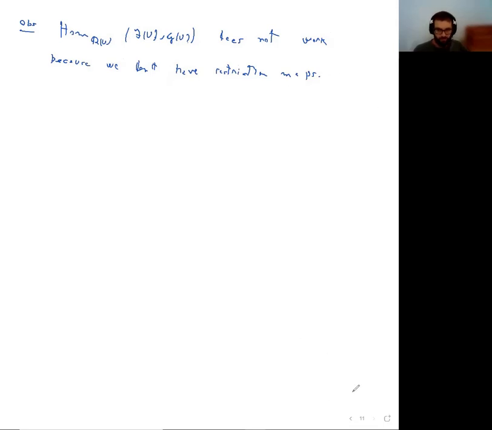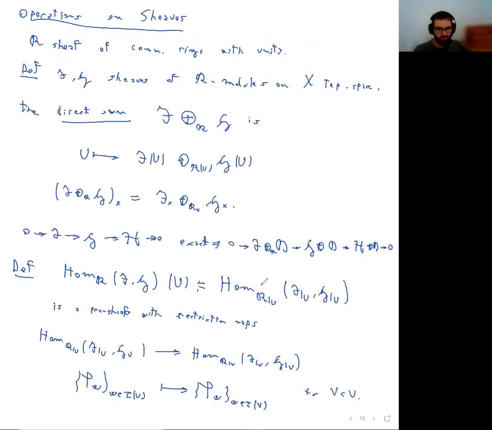Okay. So as we said, a priori, this object is only a presheaf, but it actually is a sheaf.